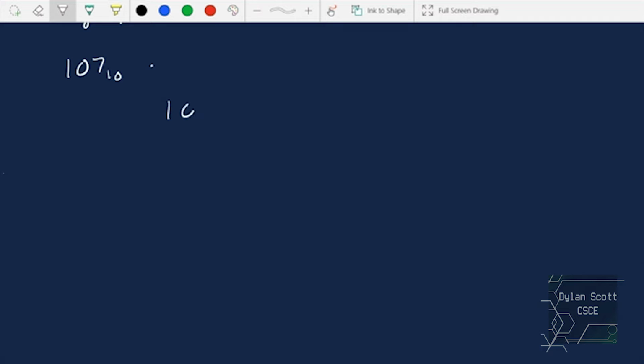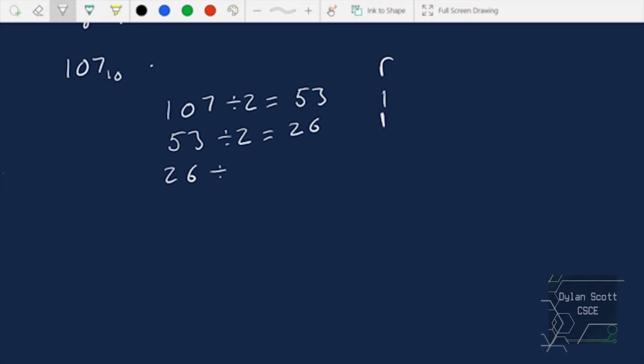So 107 divided by 2 is 53 with a remainder of 1. 53 divided by 2 equals 26 with a remainder of 1. 26 divided by 2 is 13 with a remainder of 0.